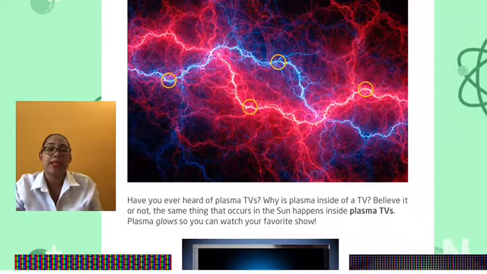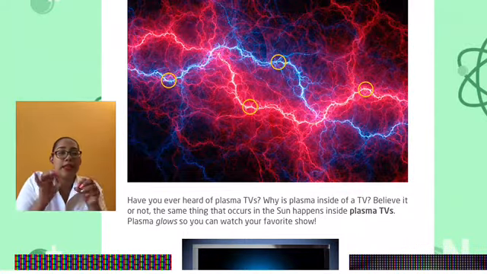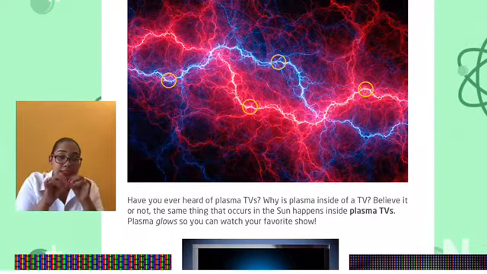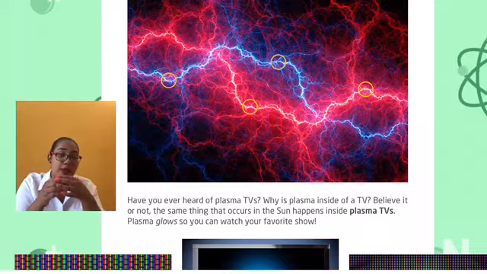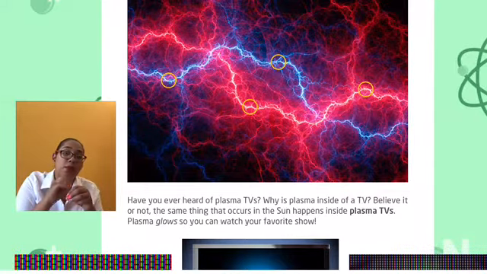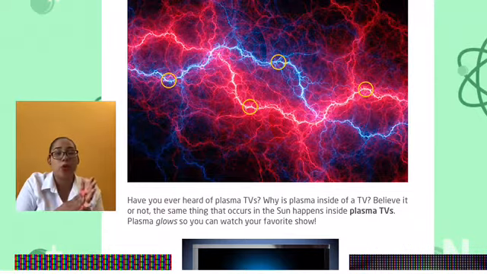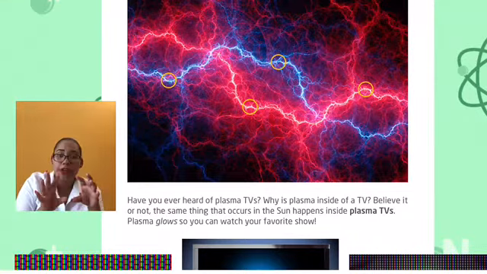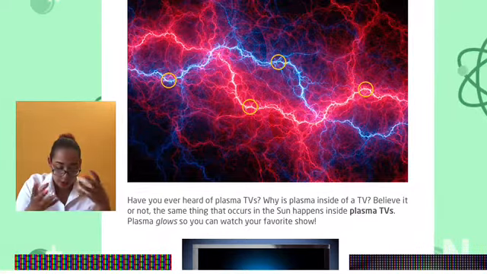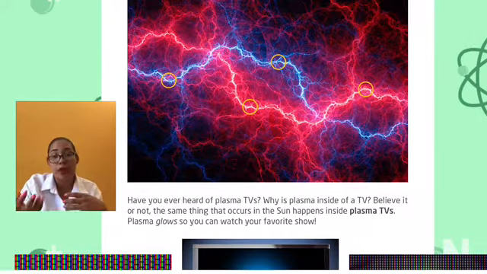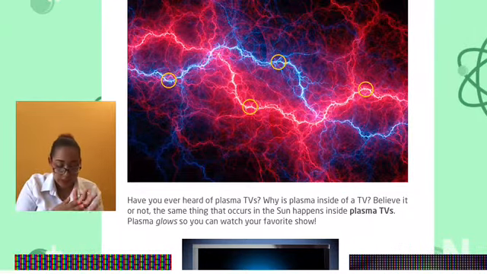It's like a little world of little animals or little aliens that is inside the plasma, and that thing will let the TV function. It's like those little wires that you see, but I like how they compare it with the plasma when it forms the atoms out of gas, and the plasma that glows in the TV.